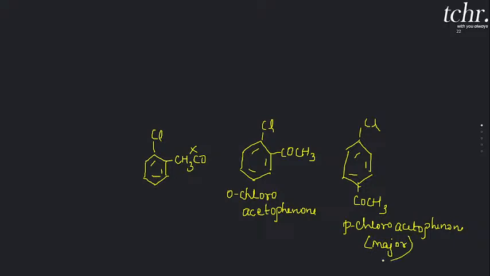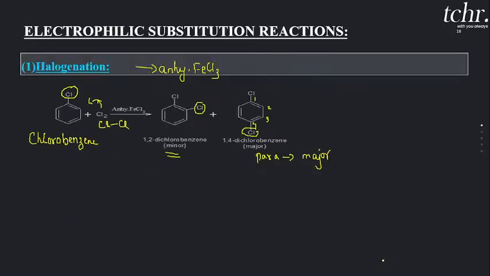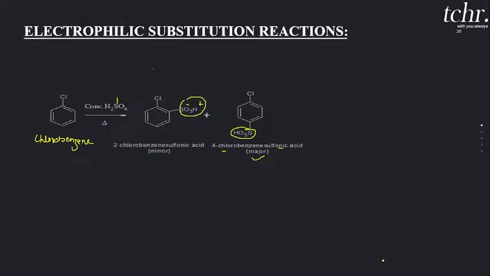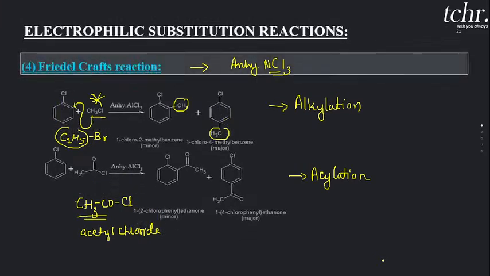So students, five electrophilic substitution that you have to study under haloarenes is halogenation, nitration, sulfonation, Friedel-Crafts alkylation and acylation.